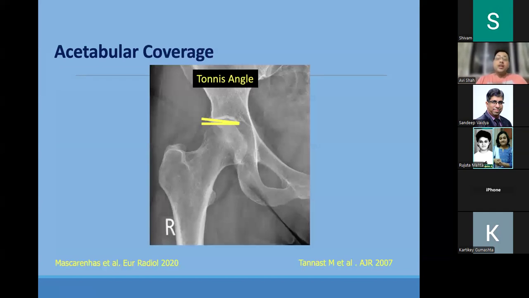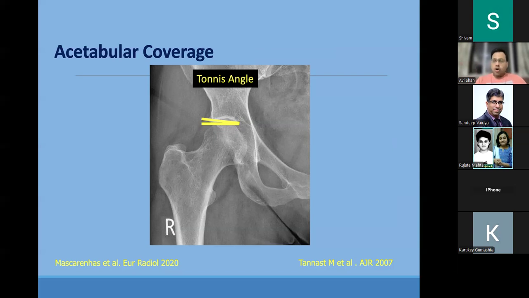Then we start looking at the coverage. In coverage, the acetabular index is usually what we see in younger individuals. In adolescents, what we look at is the Tönnis angle.